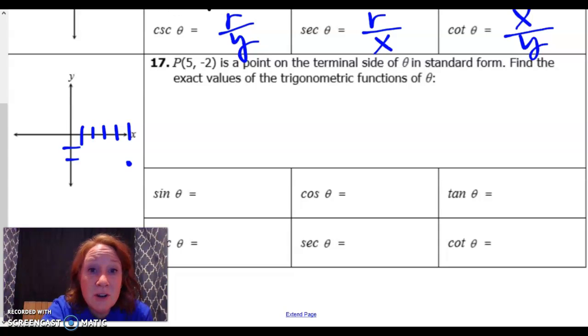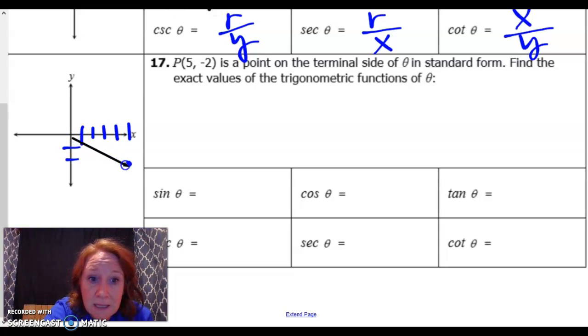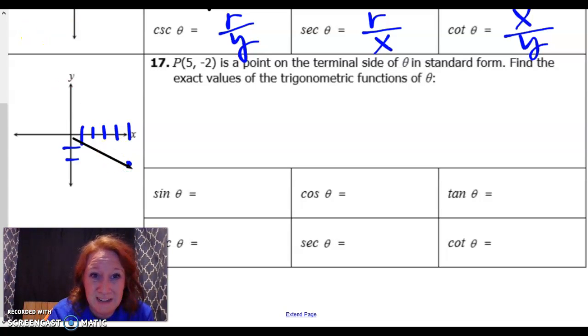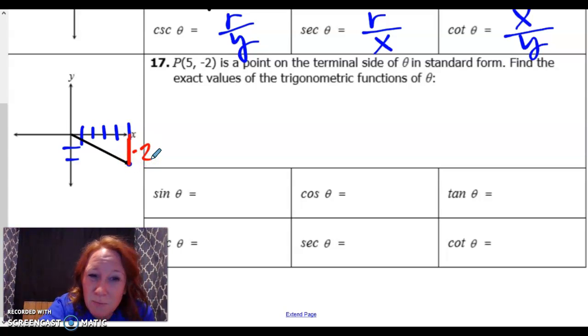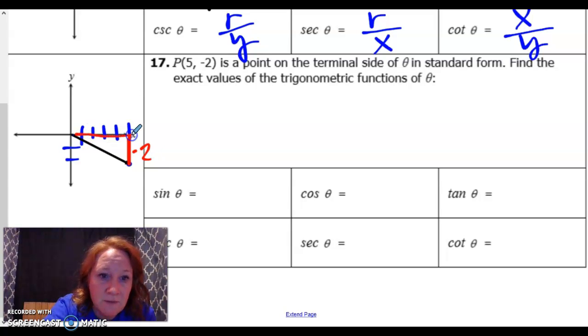Now I'm going to draw a line from the origin to that point. That's not exactly perfect, but right about there. Now I know some things, and I'm going to label them. This is negative 2, and it's super important that you have that negative, and this is 5.